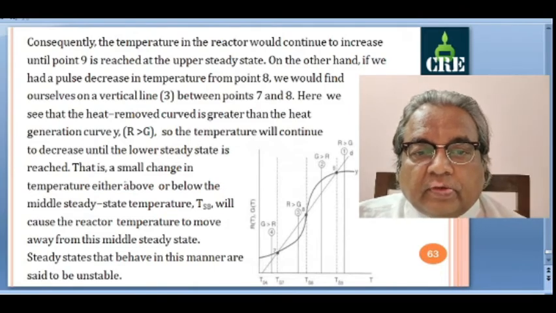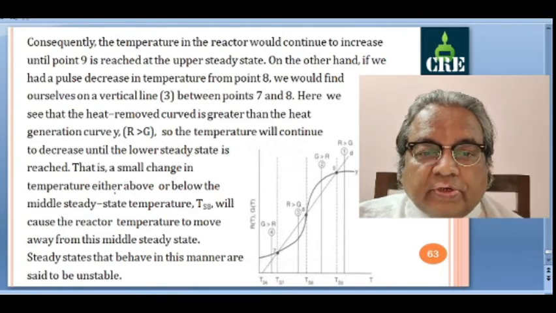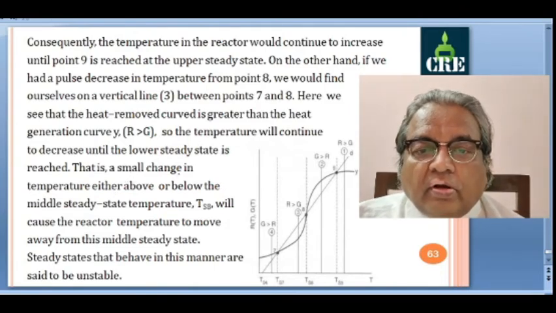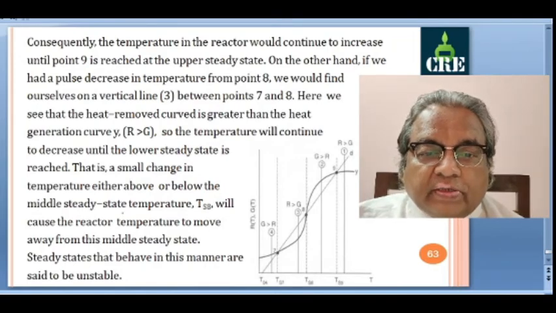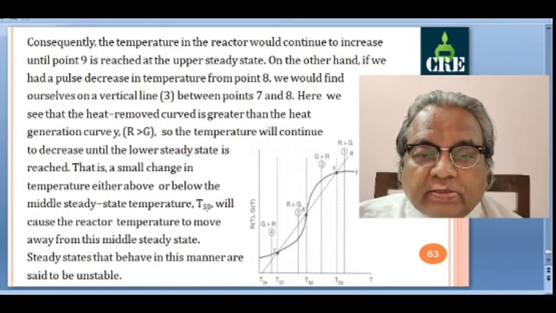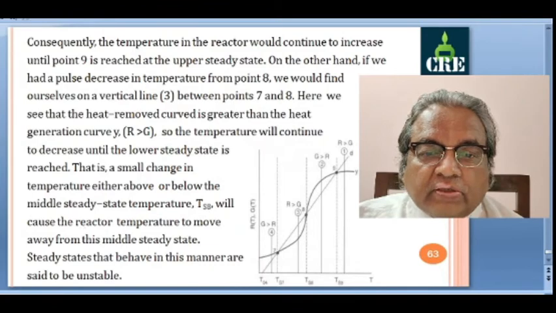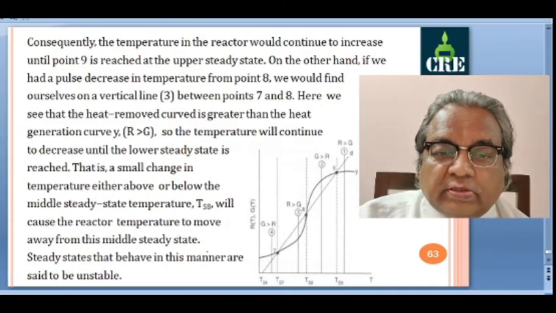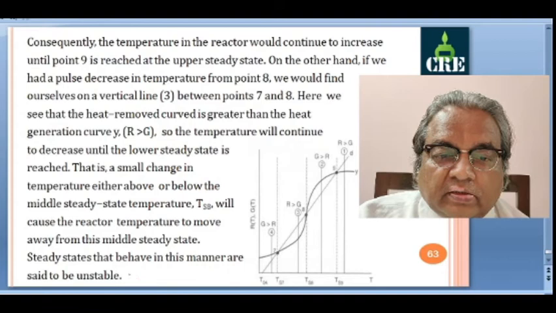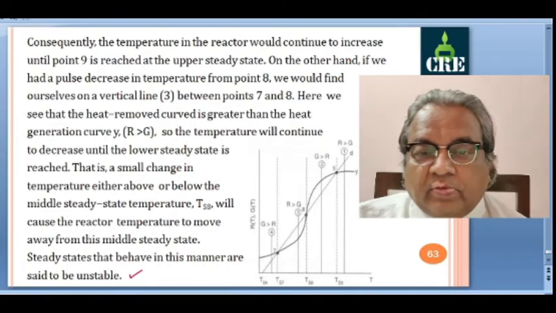That means a small change in temperature either above or below the middle steady state temperature, which is in the unstable region, will cause the reactor to move away from this middle steady state, and steady states that behave in this manner are said to be unstable.